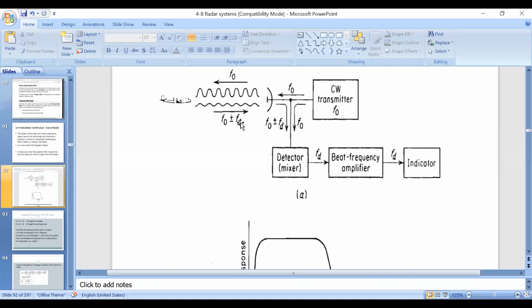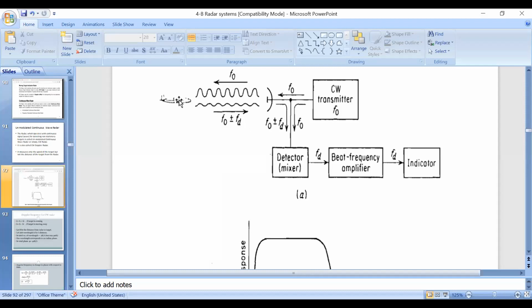Here we also have another condition. This f naught in some cases is considered as f naught plus fd, and in other cases as f naught minus fd. What is the first case, f naught plus fd? In which condition do we consider it as f naught plus fd?